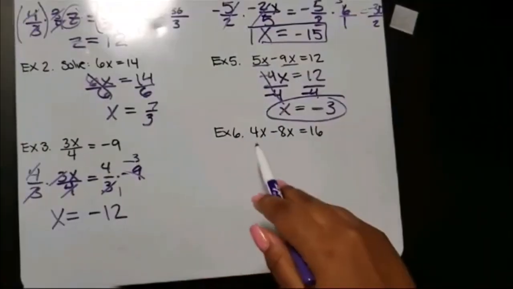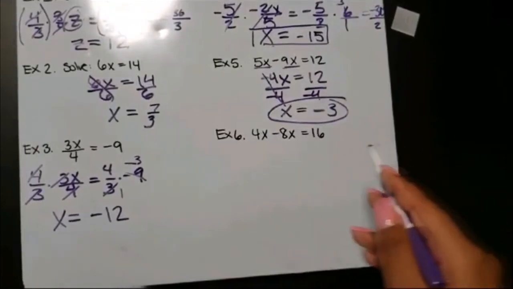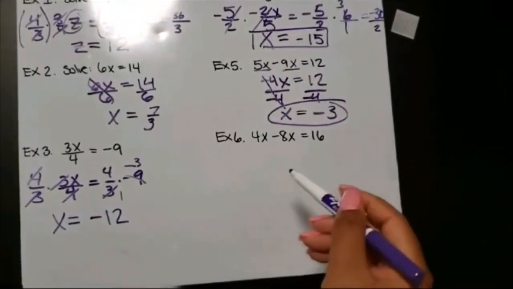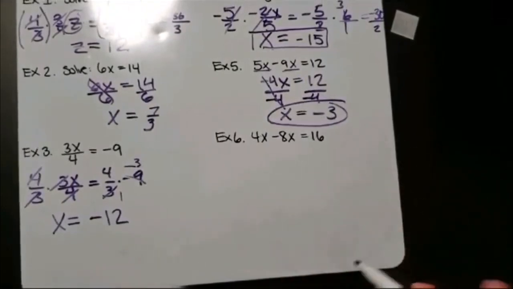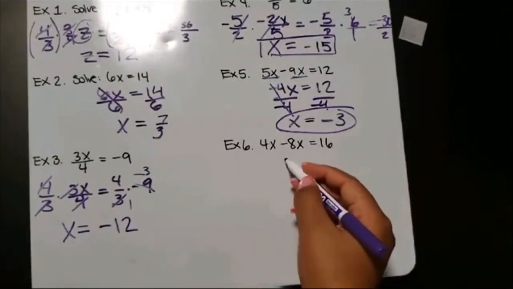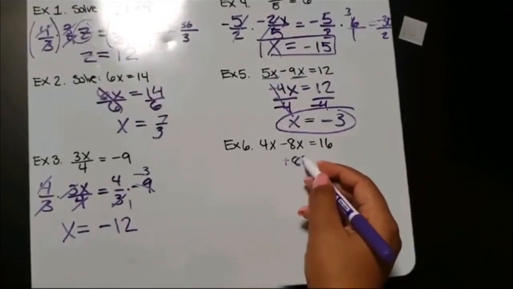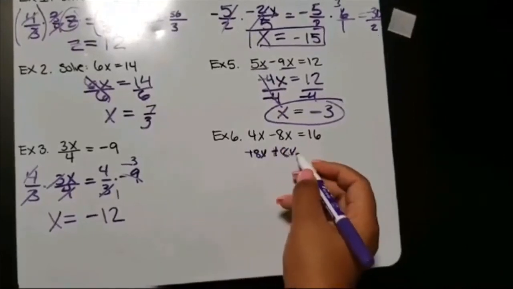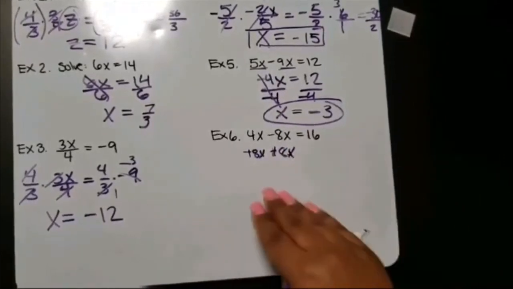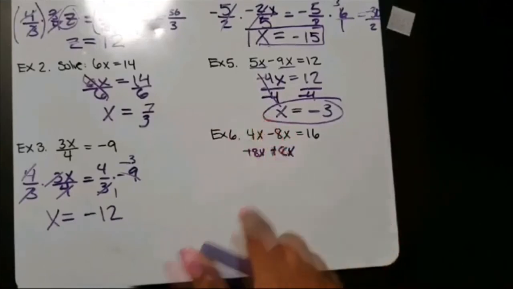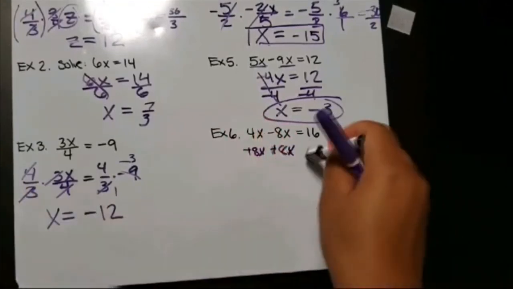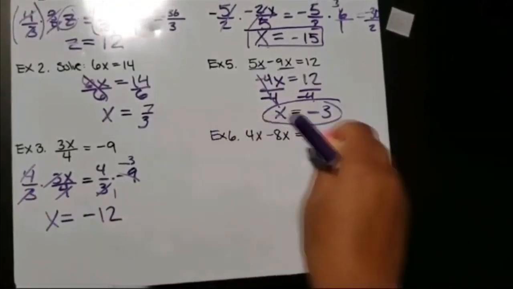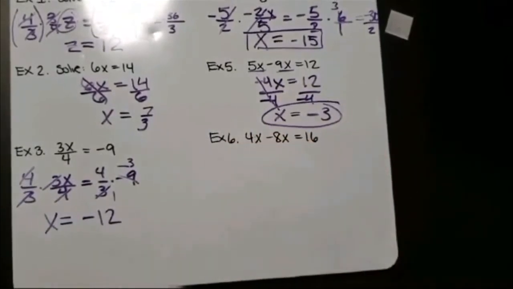Here we have 4x minus 8x equals 16. So please, please, please do not add ax and add ax. I see this so much, and this is not what you're supposed to do. You cannot do that stuff on the same side of the equation.